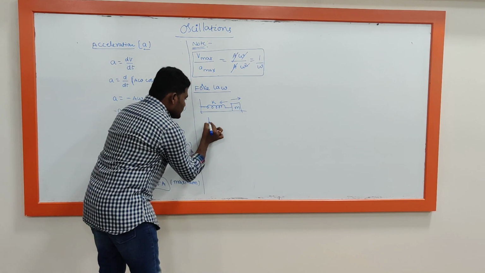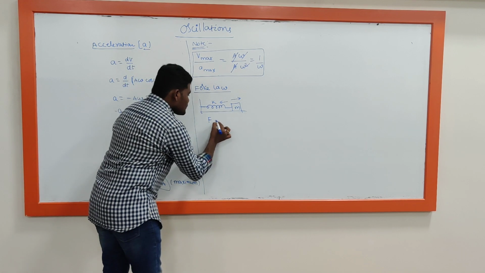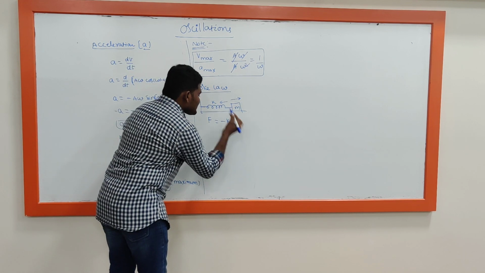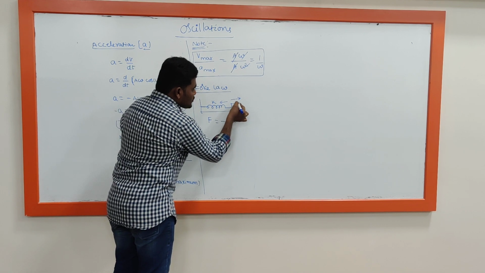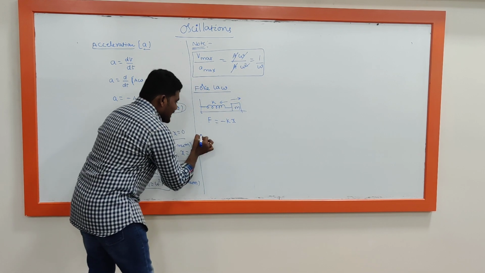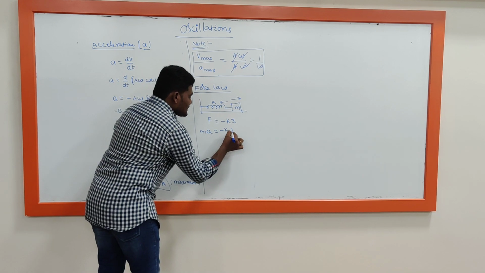Then the force due to the spring is F equal to minus K into X. The block is trying to move with an acceleration, so we can write F equal to M into A equal to minus K into X.